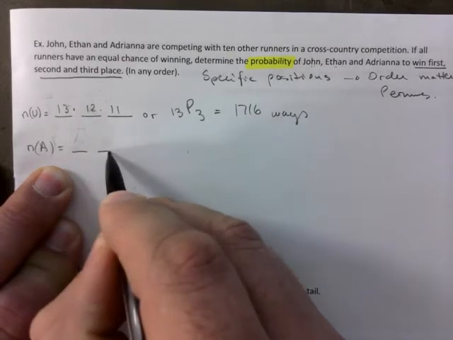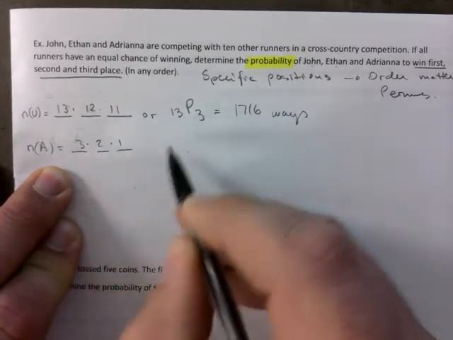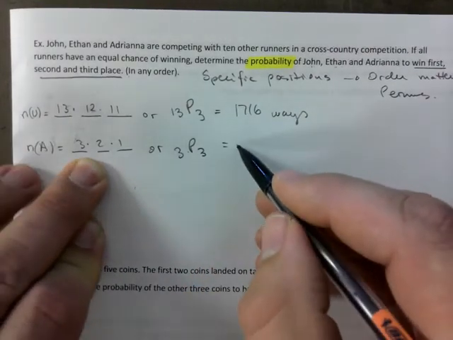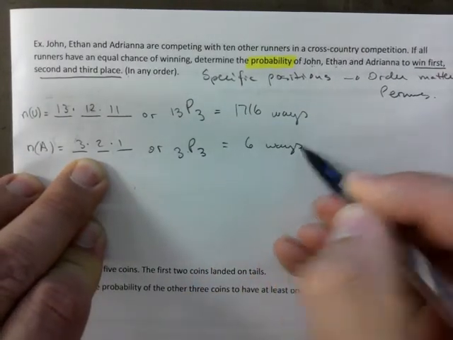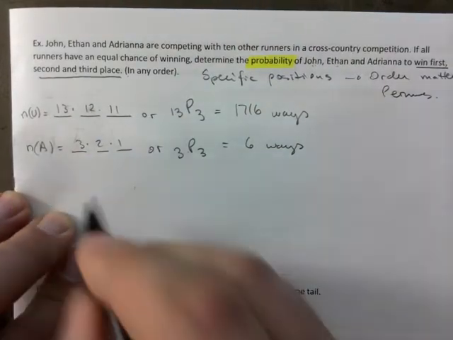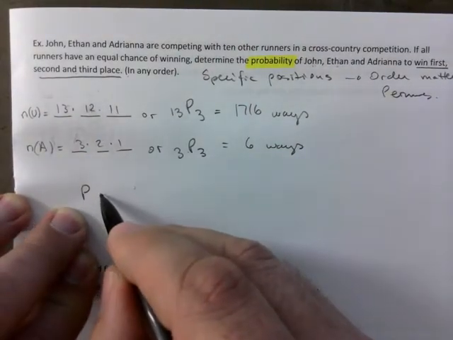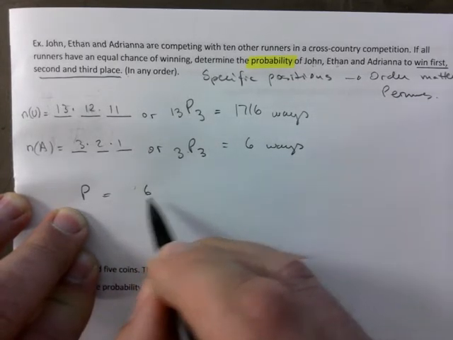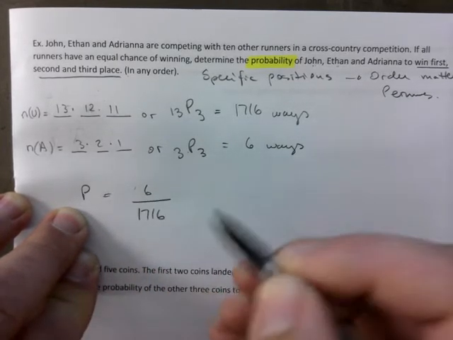So that would be 3, 2, 1, or 3 pick 3, and that's just 6 ways. So the probability in this case is 6 over 1716.